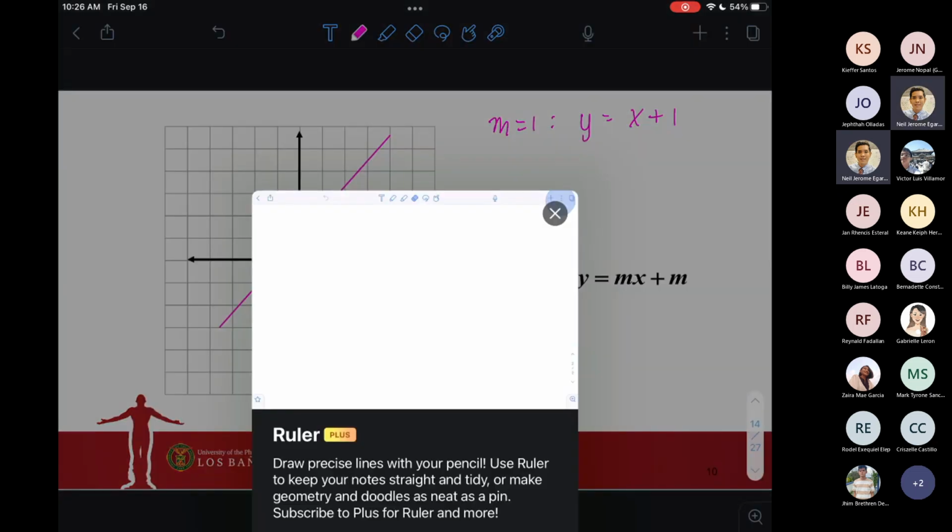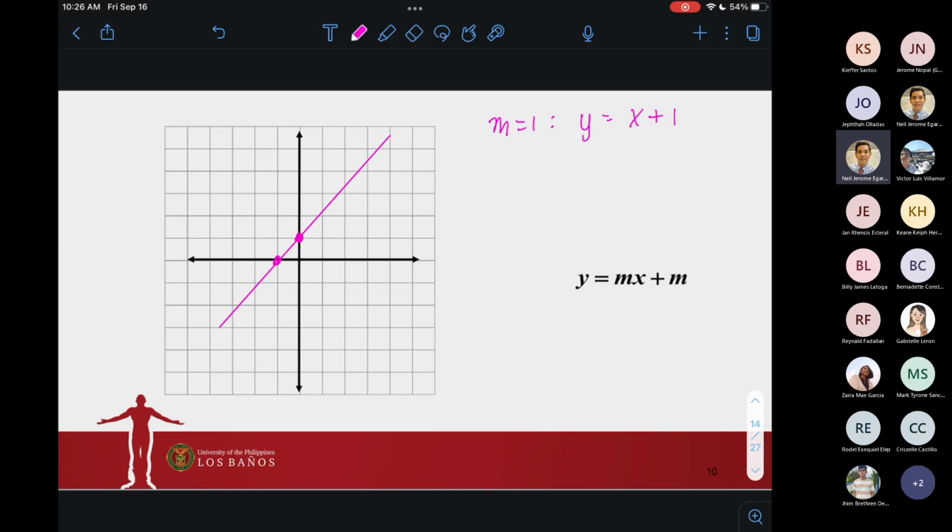So that means this is one member of the family, which is obtained when m is equal to 1. m equals 2, so you get y equals 2x plus 2. So when x is 0, y is 2.